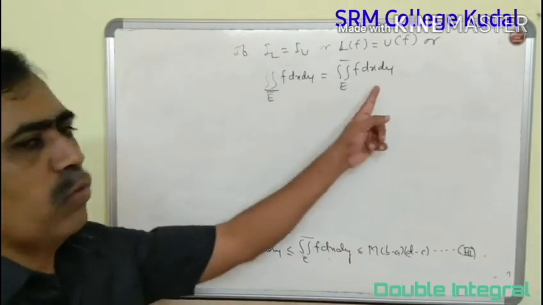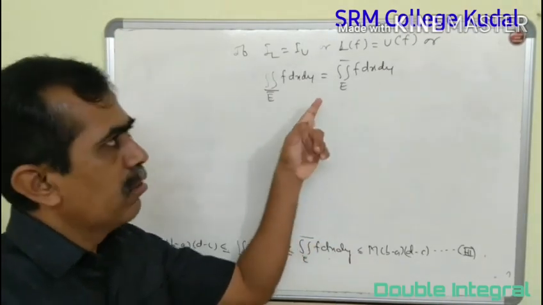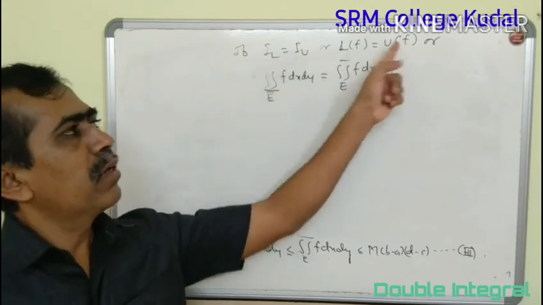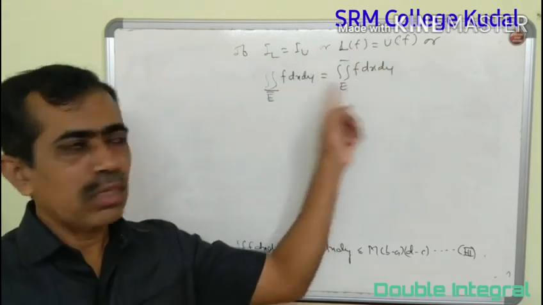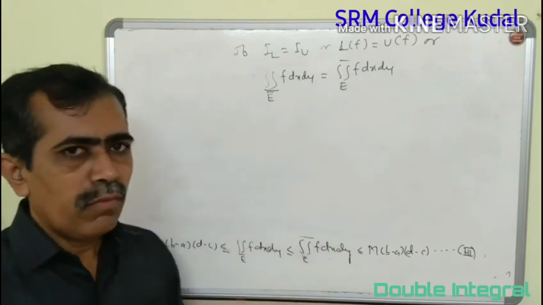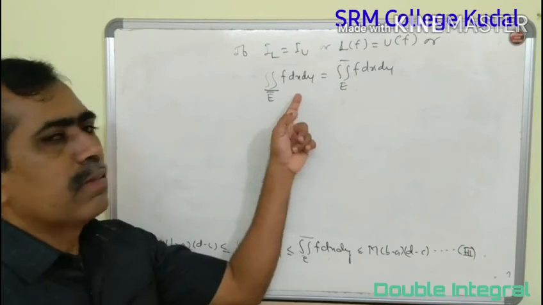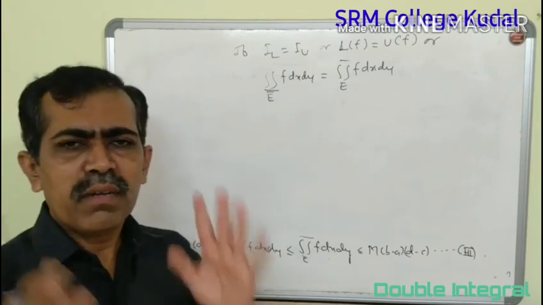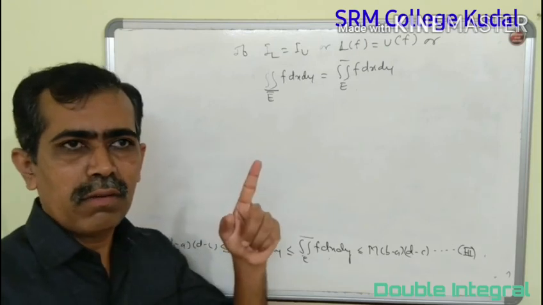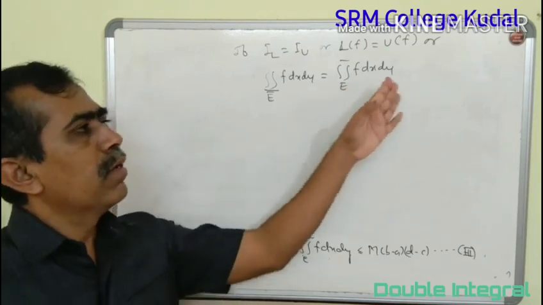If these two are equal, so see once again what I am telling: if the lower integral is equal to the upper integral, all these being different notations, then their common value is called the double Riemann integral of f over the rectangle E, or over a rectangle [a,b] cross [c,d].